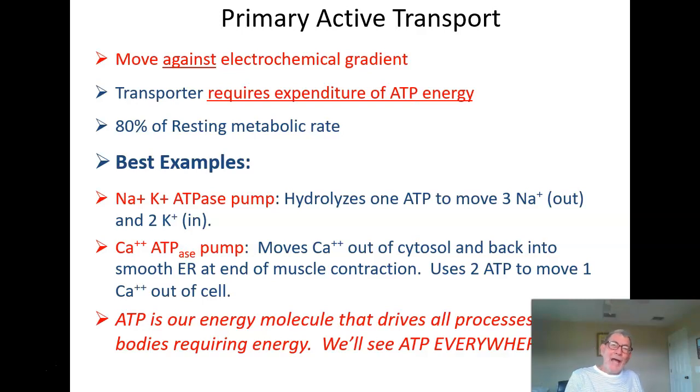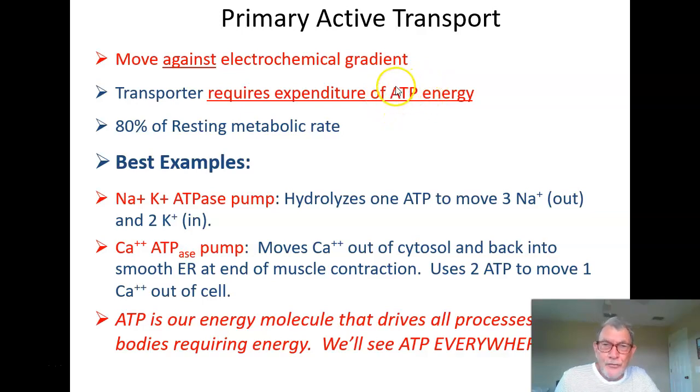Okay, primary active transport happens when you expend energy at the transporter to push molecules in the direction they don't want to go. Adenosine triphosphate, we'll talk about this a little bit more later, is our energy molecule.